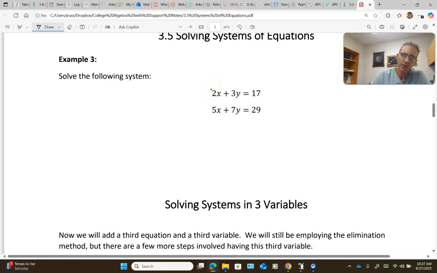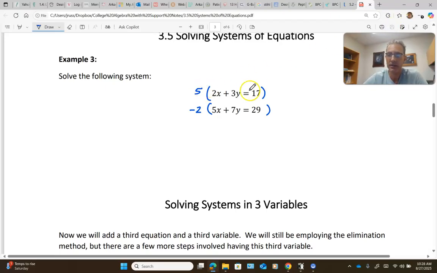So I'm going to multiply my top equation by 5. Basically, you're looking at the other coefficient of x. I'll multiply my top one by 5, and I'll multiply my bottom one by not just 2. I'm still using the other coefficient of x, which is 2, but I'm going to let it be a negative 2. Why am I making it a negative?